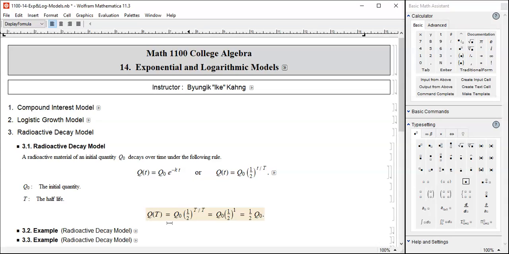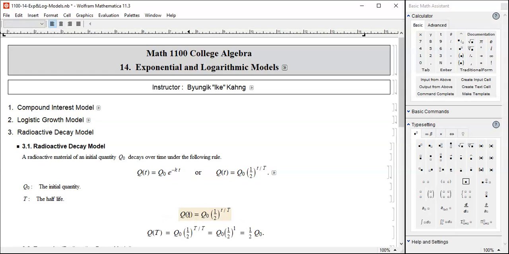So initially we begin with Q0. Initially, this is 0 power, and the 0 power is always 1.